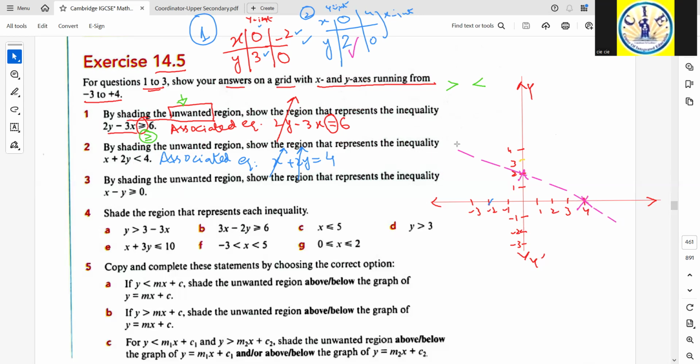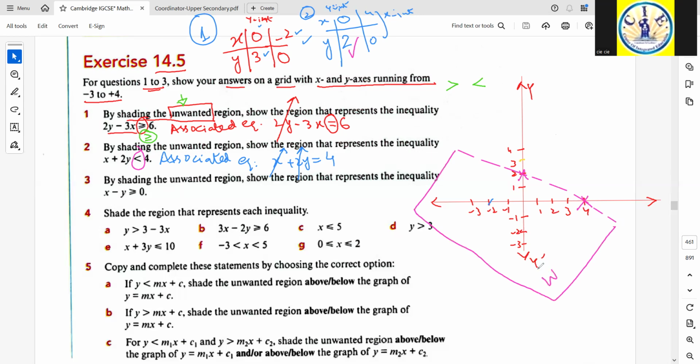Okay. Now I just need to see the region which it represents. Since it represents less than 4, that is the region we are interested in. So less than 4 means the portion below that line.